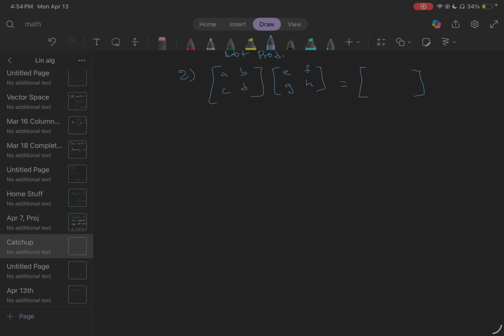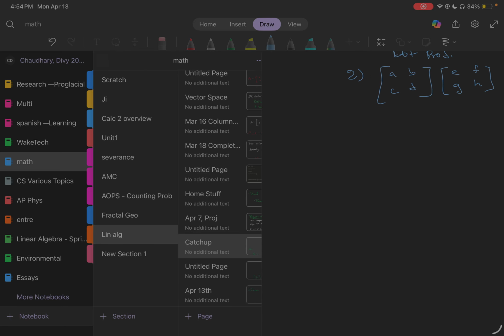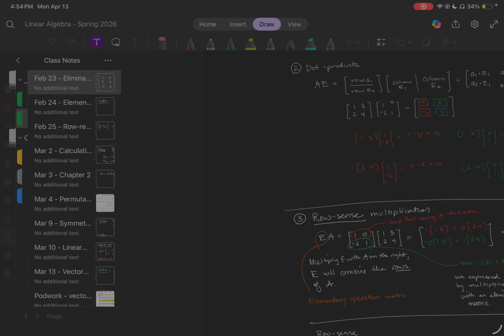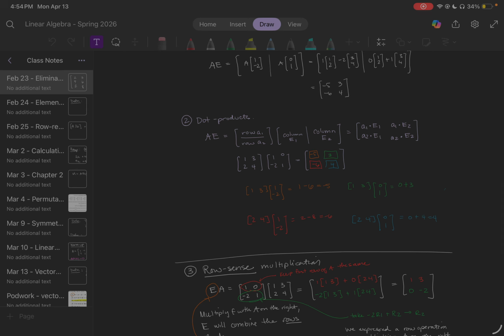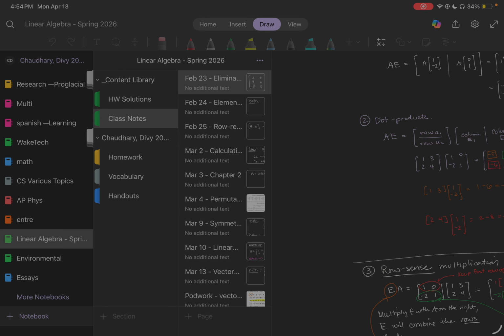And with that, we go AE plus BG, etc. Let's just double check that real quick. You can see that happening here. We take the row, the column, and with that, we have that right here. It makes sense, right?